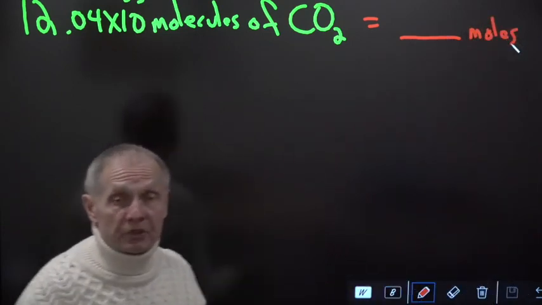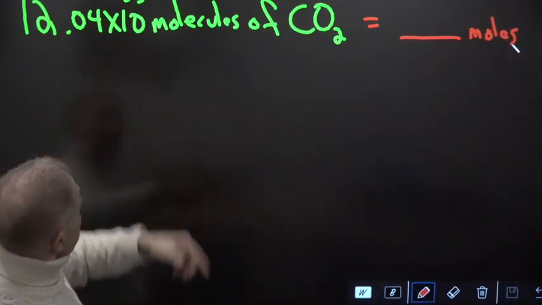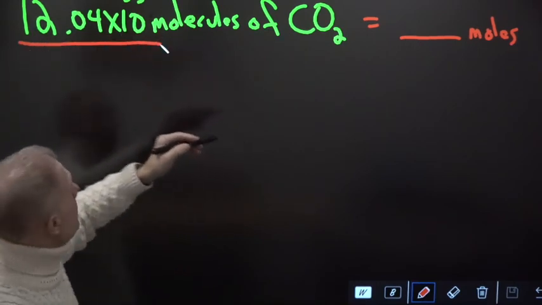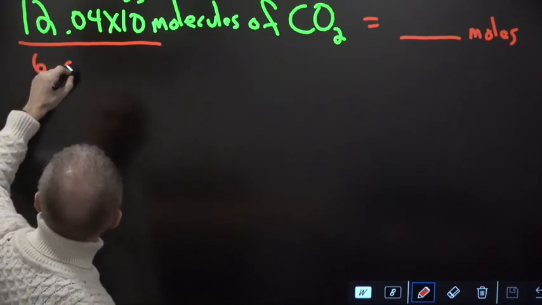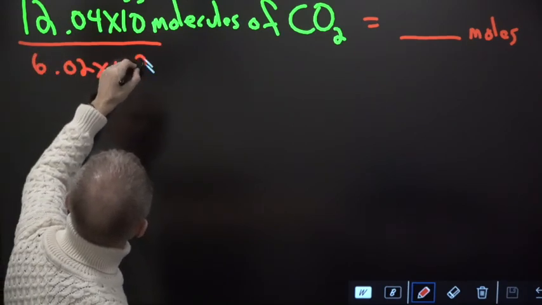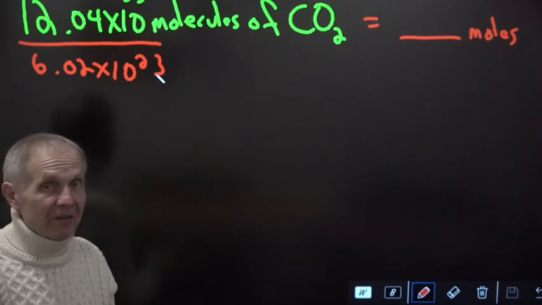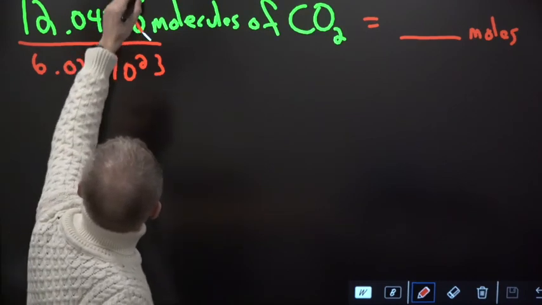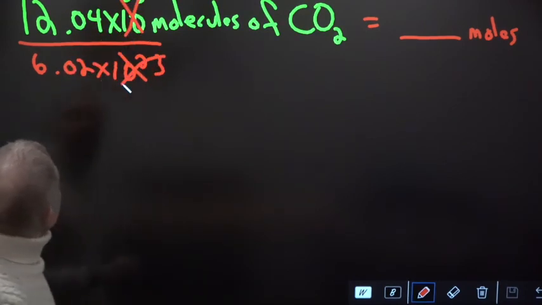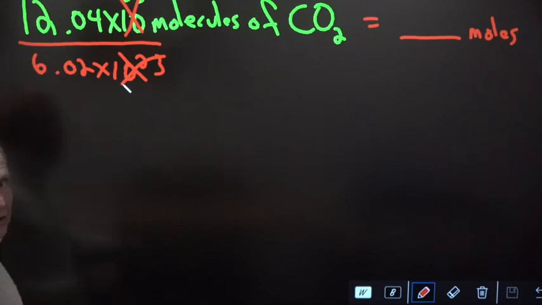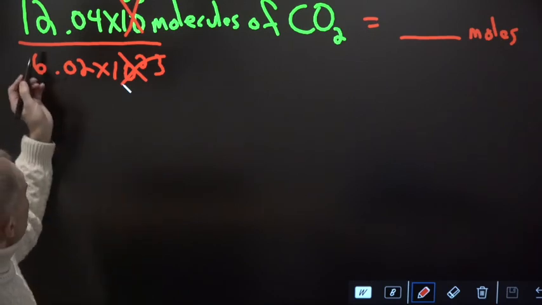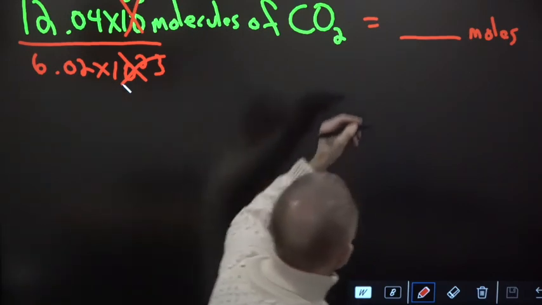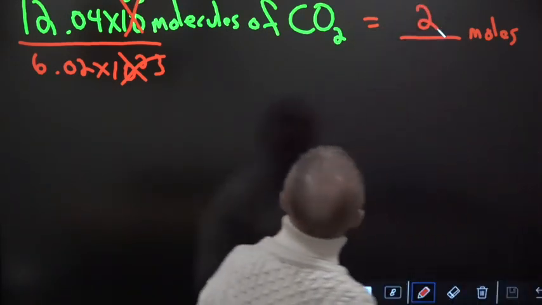Well, if you know your multiples of 6, you would divide 12.04 times 10 to the 23rd by 6.02 times 10 to the 23rd. Remember, if the power on top is the same as the power on the bottom, they get canceled out. So now it's simply 12 divided by 6. So 12.04 times 10 to the 23rd molecules of CO2 is 2 moles.